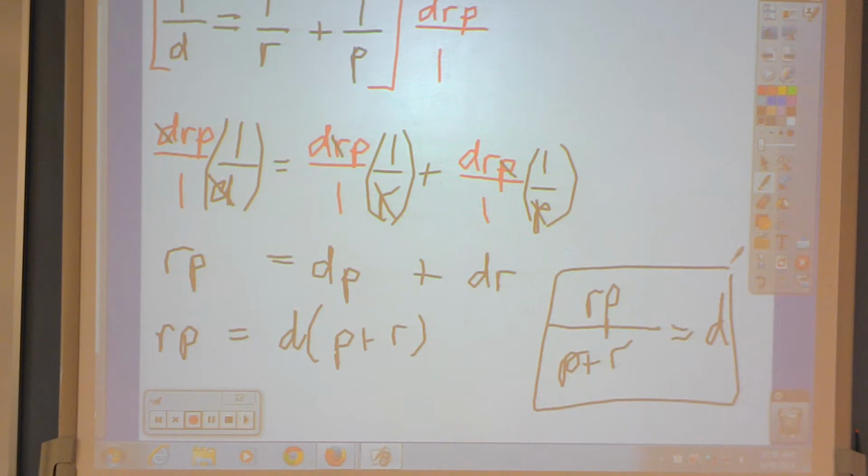The answer is D equals RP over P plus R. Hold on a minute, I'm off. What number was that? This is number 7.